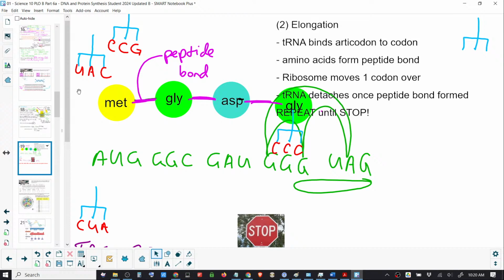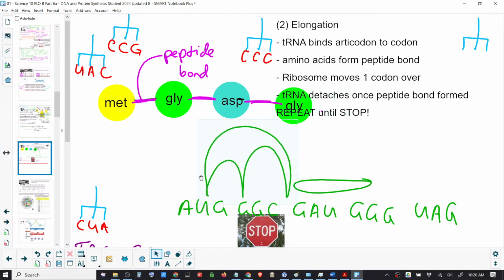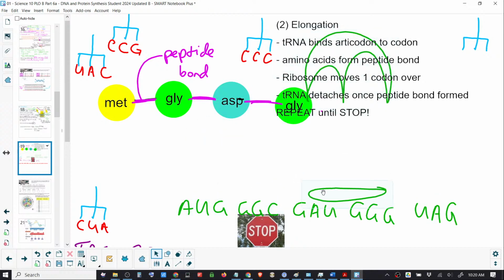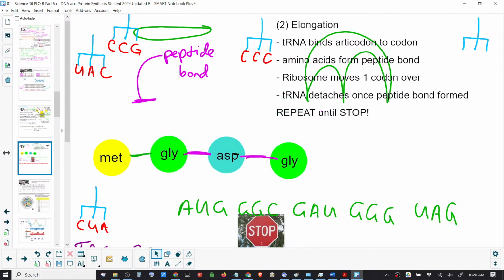Anyway, this last part, where it comes together, it hits the stop codon, the mRNA floats away, the ribosome floats away in all its separate pieces, and you're left with your single amino acid strand as the final result.